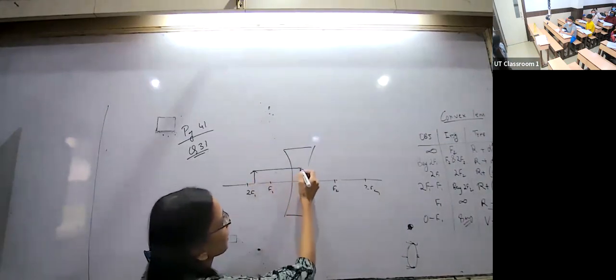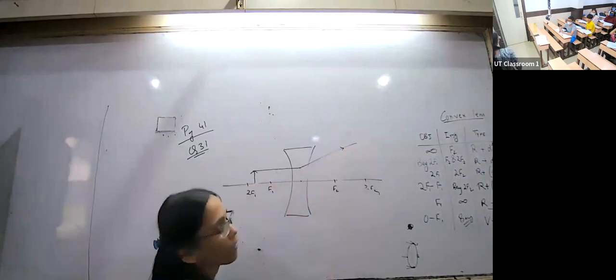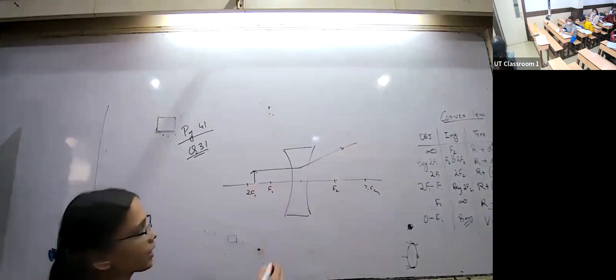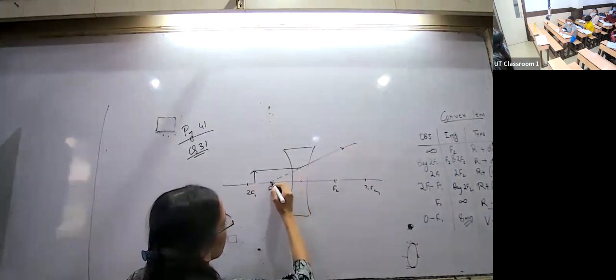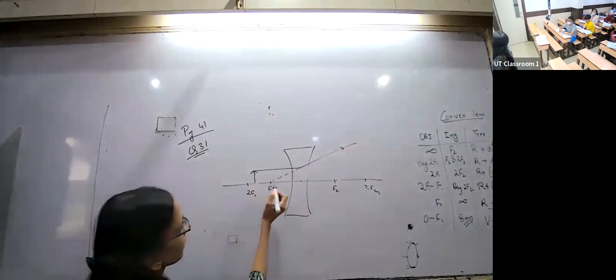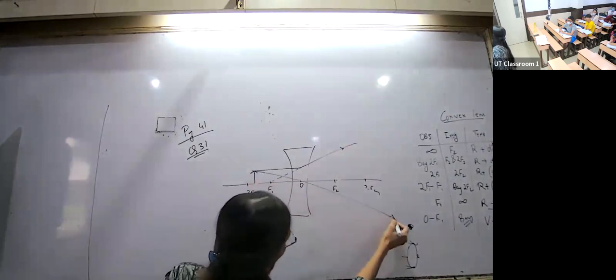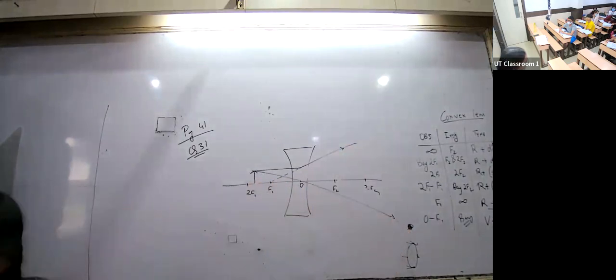So since this is diverging lens, this is going to diverge. But the way it will diverge such that it passes through focus. Okay. The other ray was optical ray. Okay.